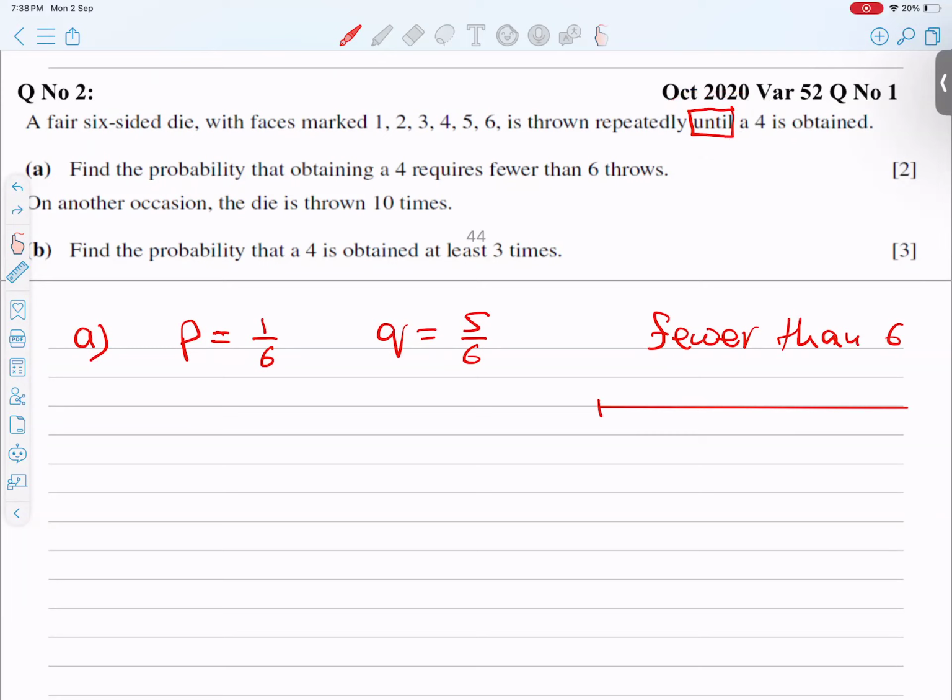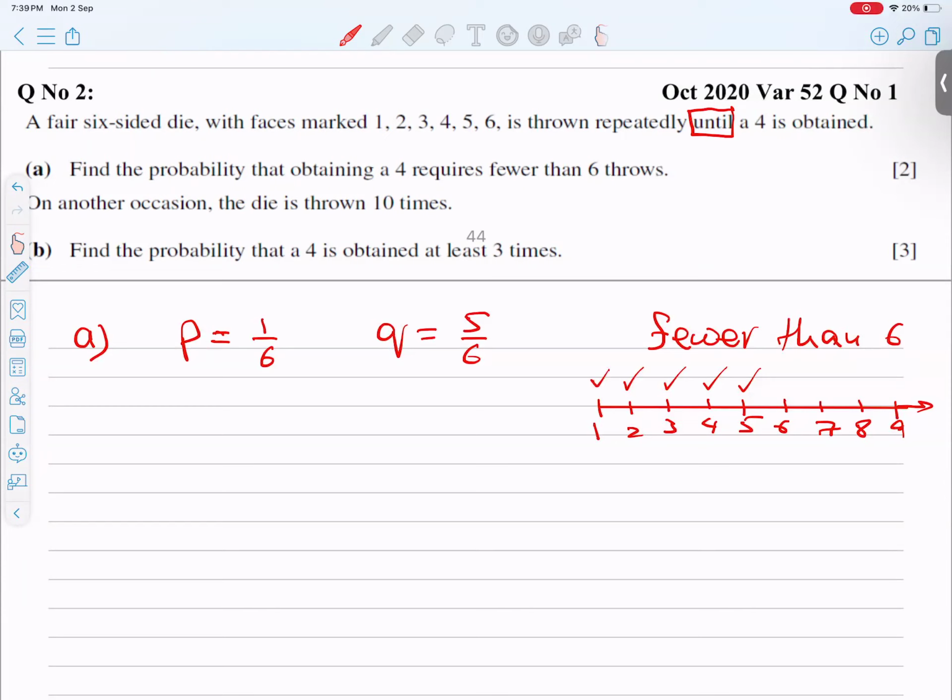So the lowest value is not 0. In binomial we start from 0, but in geometrical we start from 1 always: 1, 2, 3, 4, 5, 6, 7, 8, 9, and continue forever. Because he said fewer than 6, I need 5, 4, 3, 2, 1.